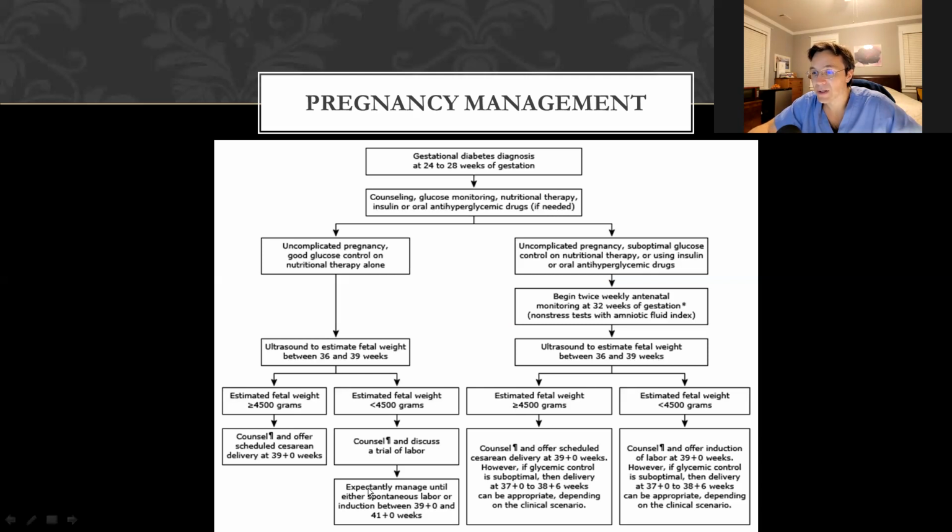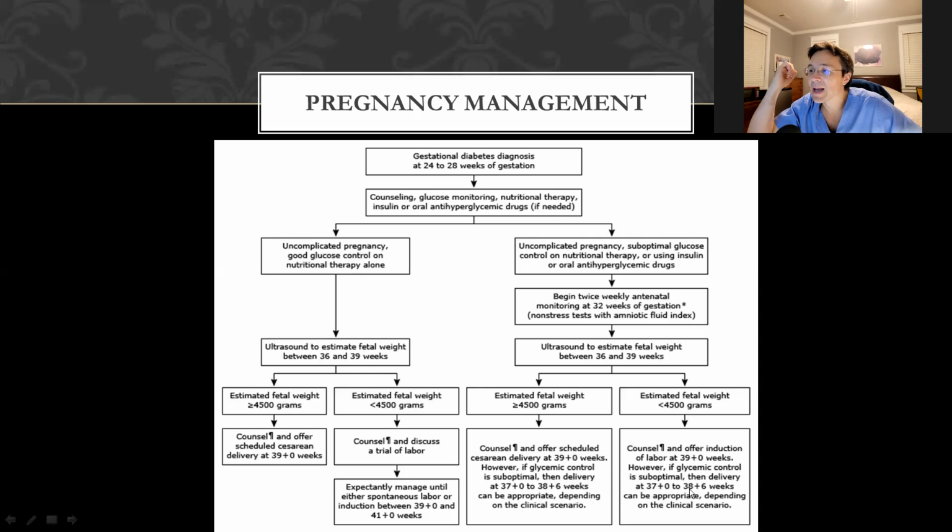There are some differences in terms of when you would do induction in a pregnant woman whose baby is below 4.5 kilos. As you can see, we can wait up to 39 to 41 weeks if in optimal control, and suboptimal less than 40, then we have to suggest induction at 39 weeks.